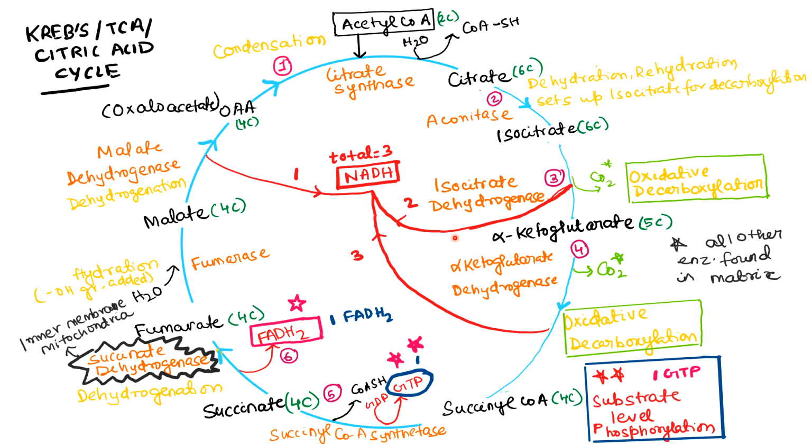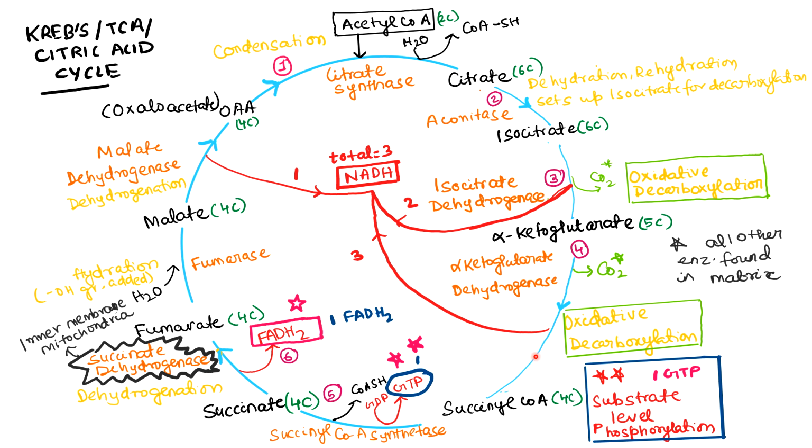Is that clear? So here you should remember that whenever NADH or FADH2 comes into the picture, the enzyme catalyzing the reaction is always a dehydrogenase. So here isocitrate is getting converted, so isocitrate dehydrogenase. In step number 4, alpha ketoglutarate is getting converted, so the enzyme is alpha ketoglutarate dehydrogenase. Right, is that clear?